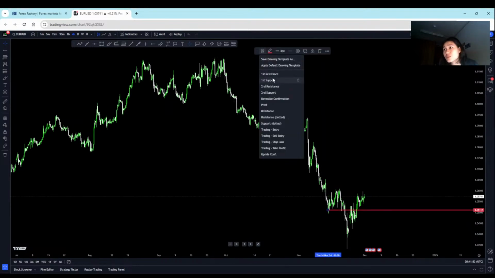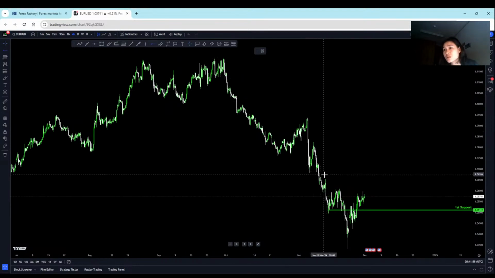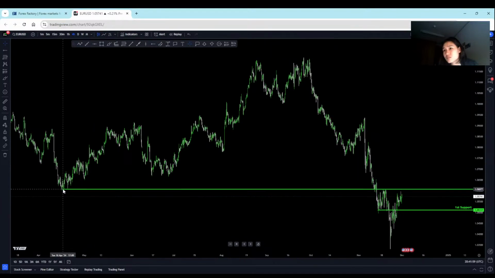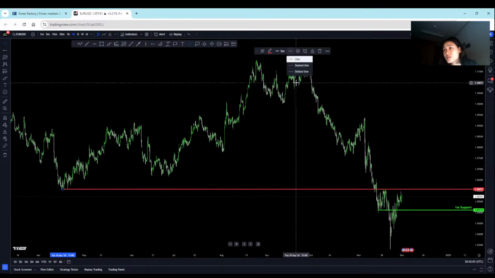This offers support. Intermediate resistance.